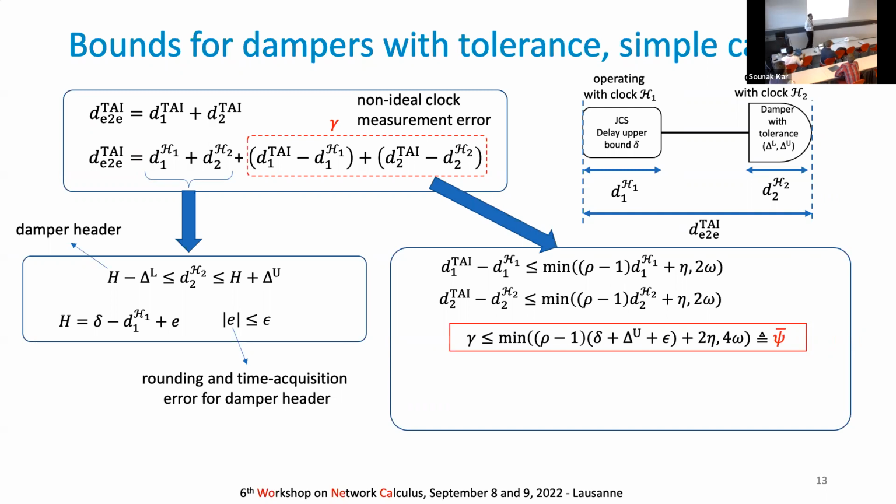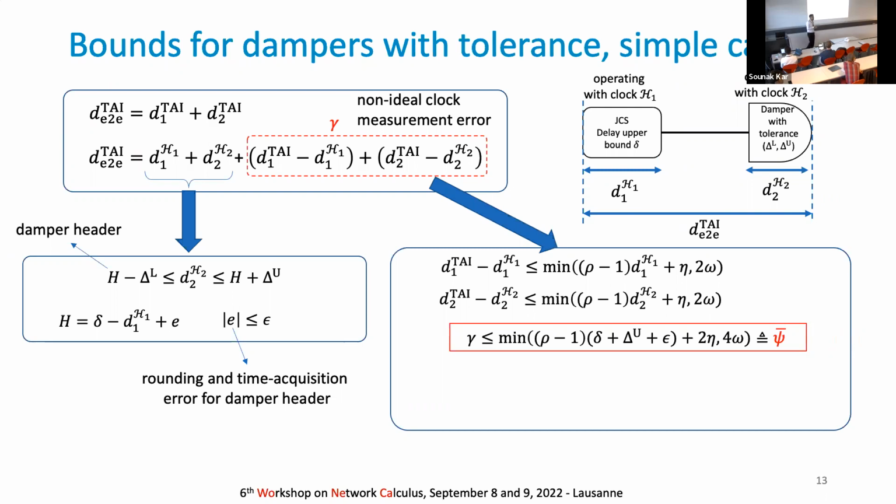So the question is, in a high-speed network, when the line speed is very high, because of the complication of processing the packet and the damper header computation, would it be possible to have dampers at this scale, at this speed?